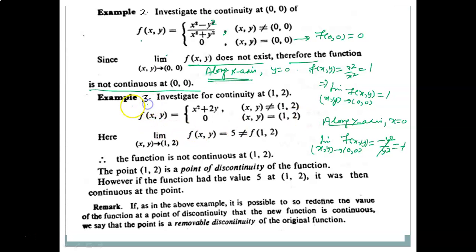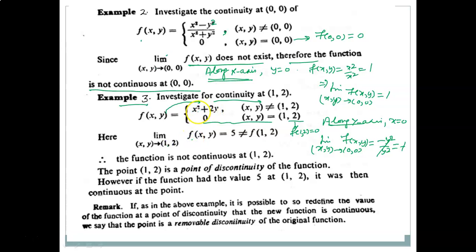Now come to this example 3. Investigate the continuity at point (1,2). It is a very simple case. This is a polynomial type of function, and the value of f(x,y) is this when (x,y) is not equal to (1,2), and if (x,y) equals (1,2), the value is 0. That means the value of f(1,2) is given to be 0. Fine. Now let us find the limit as (x,y) tends to (1,2) of f(x,y).